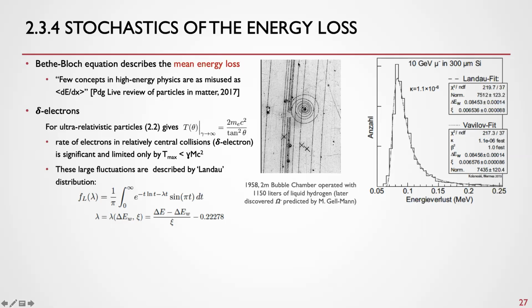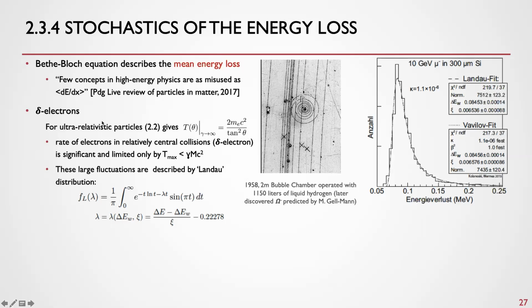The direction is here bottom up, and you see heavy particles going through that material, and you see these curled trajectories are electrons that are kicked out, and they cause secondary ionization.